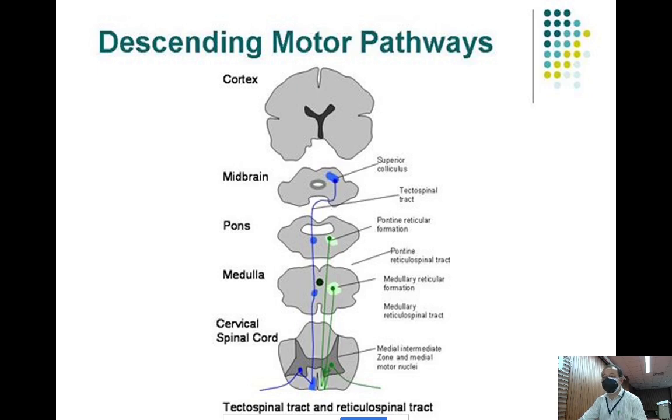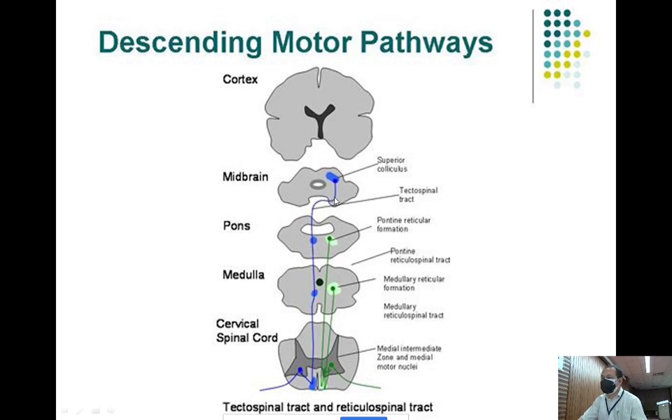So we have two extrapyramidal tracts that behave like the lateral corticospinal tract of the pyramidal type, as they cross to the opposite side. So they control the contralateral muscles, isn't it? This one descends in the ventral column, unlike the rubrospinal tract, which descends in the lateral column.